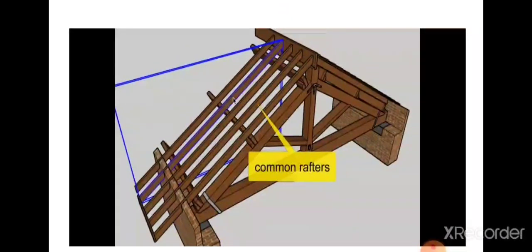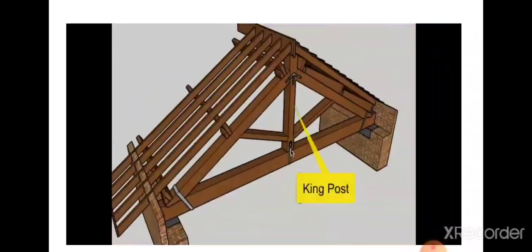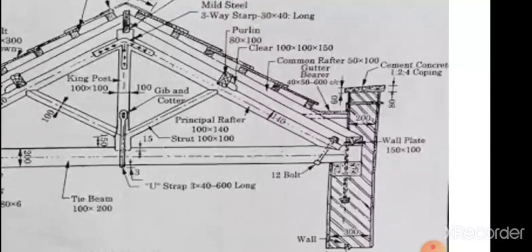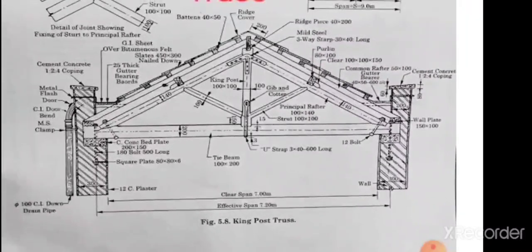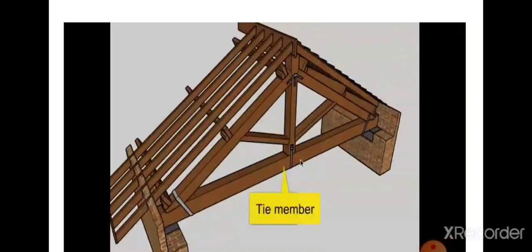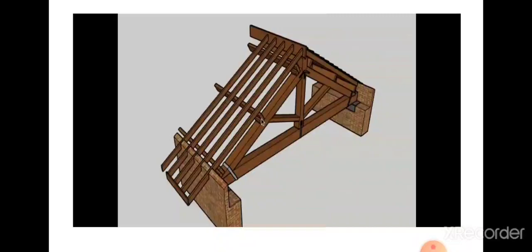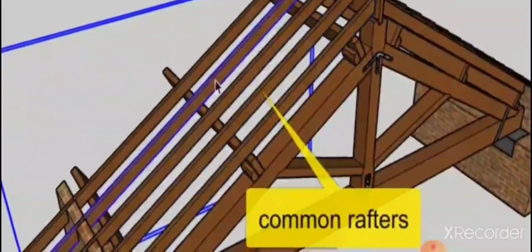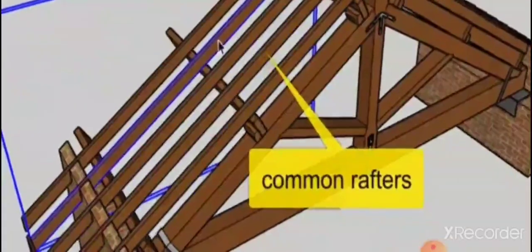Okay, so what is the size of the common rafter? Let us go back to the very first drawing. Size of the common rafter was given as 50 by 100. So the breadth of the common rafter is 100, as the arrow mark is suggesting.